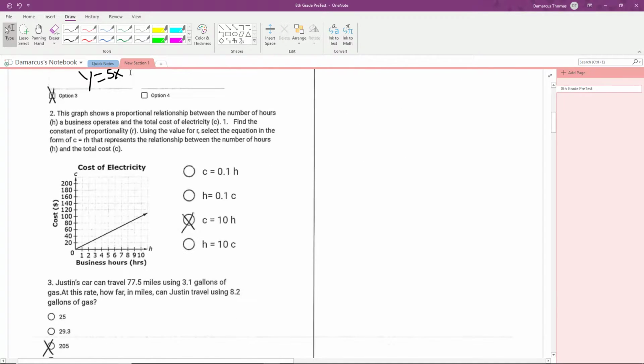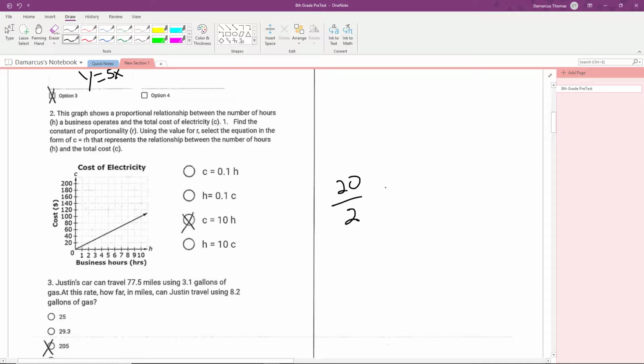Let's move on. So again, this is a direct proportional relationship. It goes through the origin. And if we try to find a point on the graph, we see that 2 hours is $20. Also 4 hours is 40, and we can figure that out immediately.